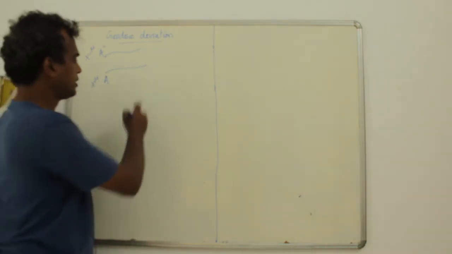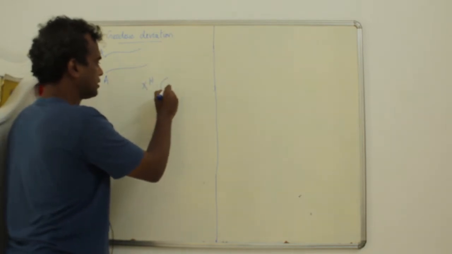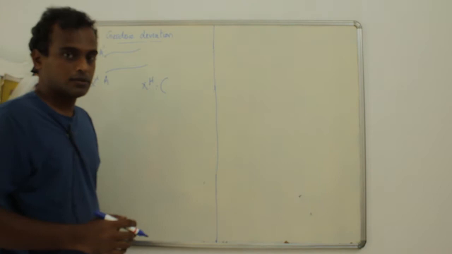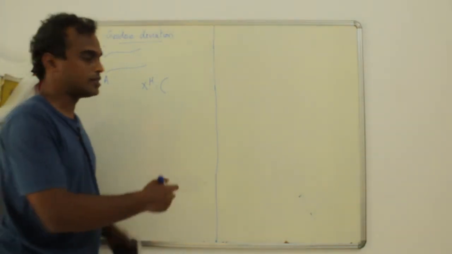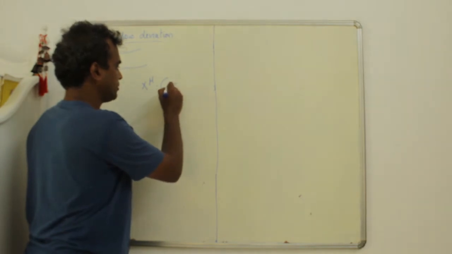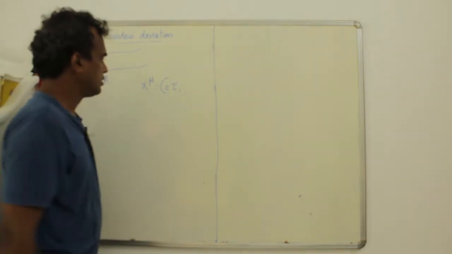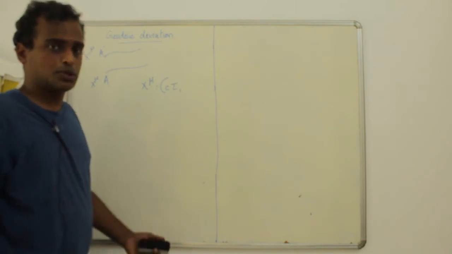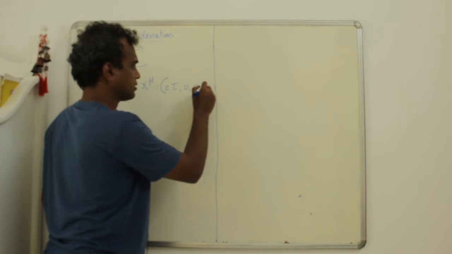Thus, we can write x mu to be the time that we measure in which the particle is at rest, which is nothing but the proper time, times the speed of light. Then the coordinates of the particle we could choose conveniently to be the origin.